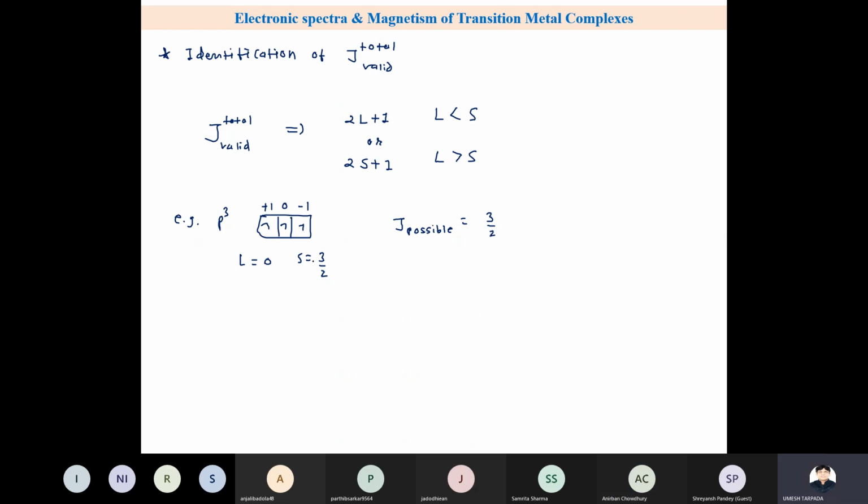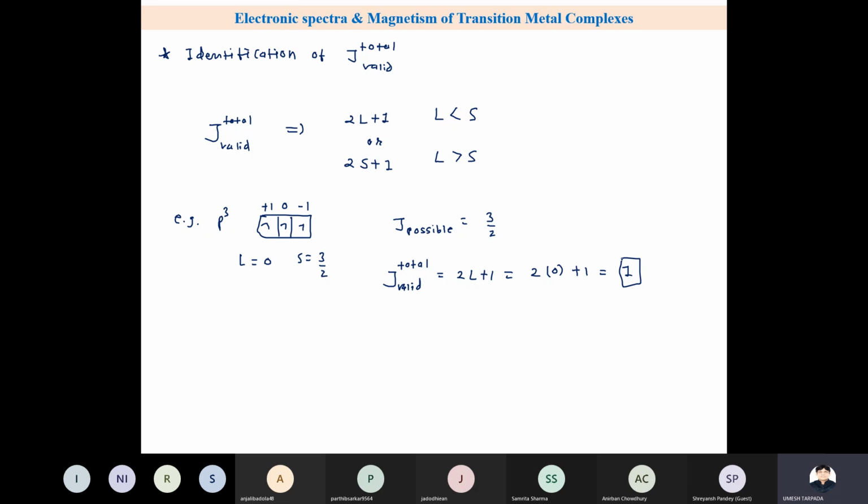Now see the total valid J value. Here S is greater than L. So which formula are we using? 2L plus 1. So see the total J valid value, according to 2L plus 1, the 2L value becomes 0, so only one value is possible, and that is 3 by 2.